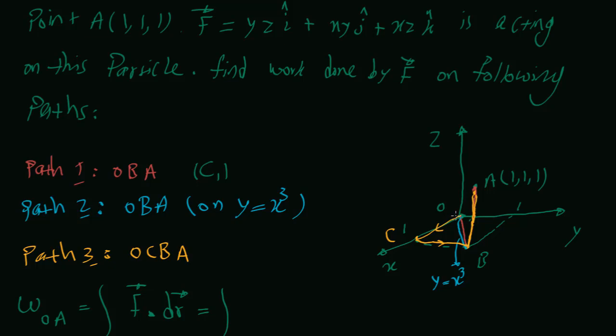We have to go from O to B and then A. Let's just break this integral into O to B and then B to A. So we are going to have the integral over OB of F dot dr plus the integral of F dot dr for BA.